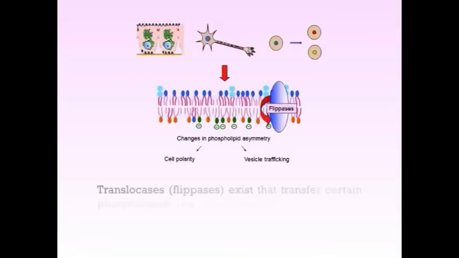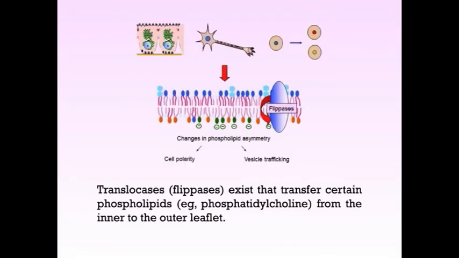The mechanism involved in the establishment of lipid asymmetry is not well understood. The enzymes involved in the synthesis of phospholipids are located on the cytoplasmic side of microsomal membrane vesicles. Translocases, that is, flippases, exist that transfer certain phospholipids, for example phosphatidylcholine, from the inner to the outer leaflet.